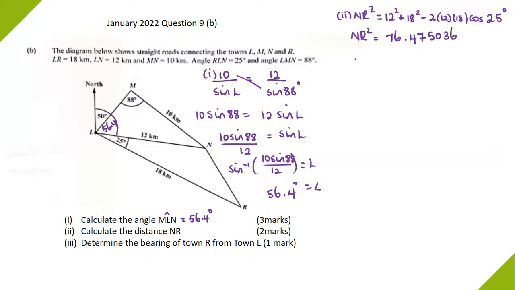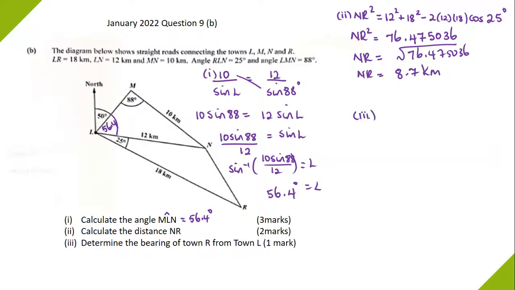I put a lot of decimals so I can get my answer more exact. And NR is equal to the square root of all of that, so NR is equal to 8.7 kilometers, right? So that's the one decimal place. So we got 8.7 kilometers.